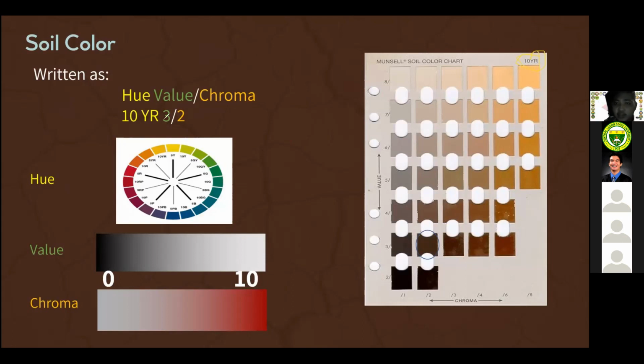Then the value is 3, so here we look at the vertically arranged numbers. So 3, this one, within this value. Then its chroma is 2, so 2, here we look at the horizontally arranged numbers. So this one. This means this is the color of our soil.